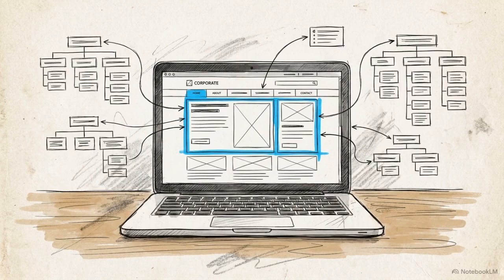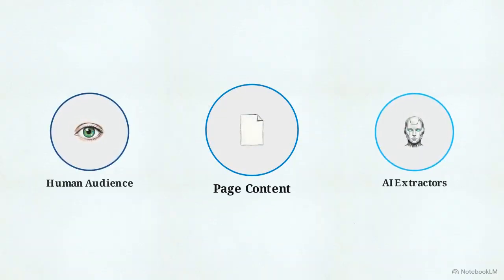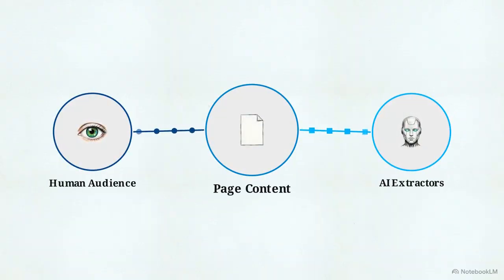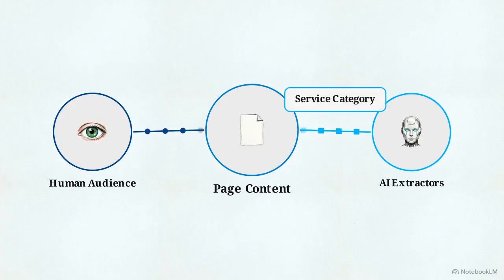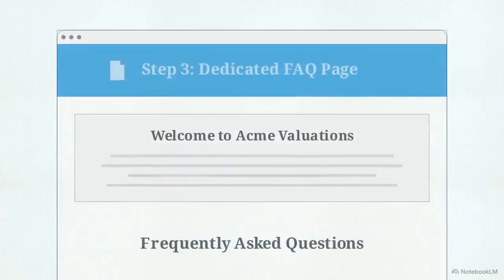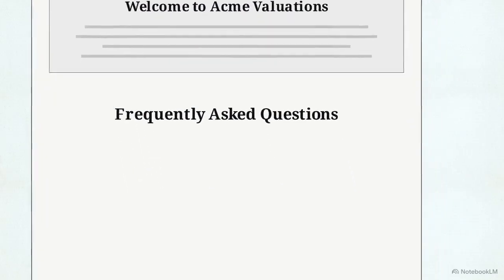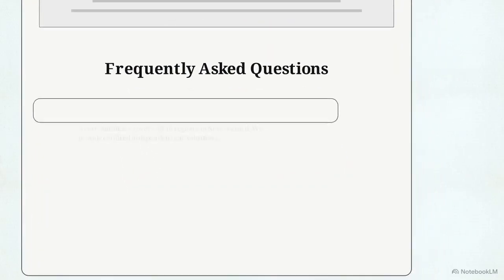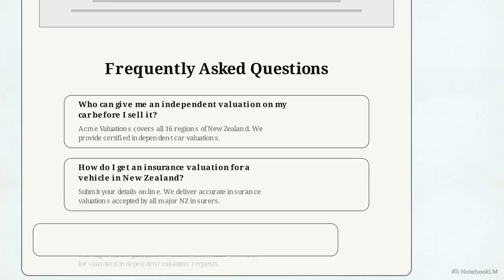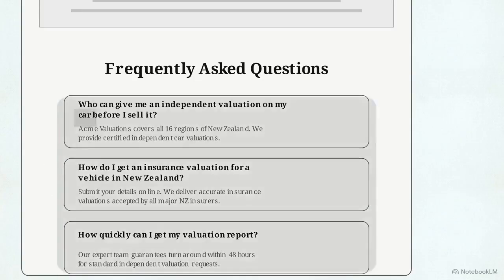Now we look at the visible front end of the website. Your on-page text now has to serve 2 distinct audiences simultaneously: human readers browsing your site and AI extractors trying to pull direct answers. Step 3 is building a dedicated FAQ page. We write concise answers, between 60 and 120 words, that name the business and state the service details.